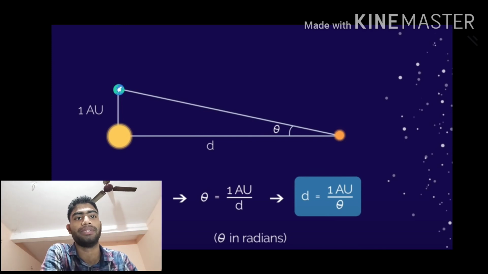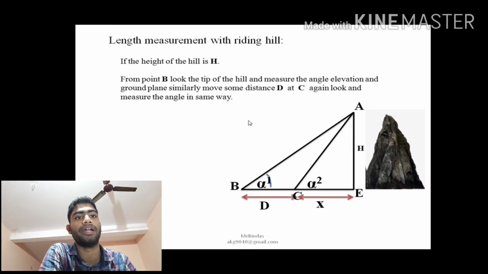Similarly, if we want to measure the height of a mountain, how can we measure it? We will use the same trigonometric formula. First we observe the tip of the mountain from a point, here given as B, and the angle is alpha 1.